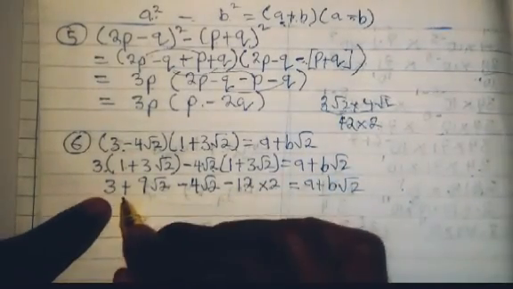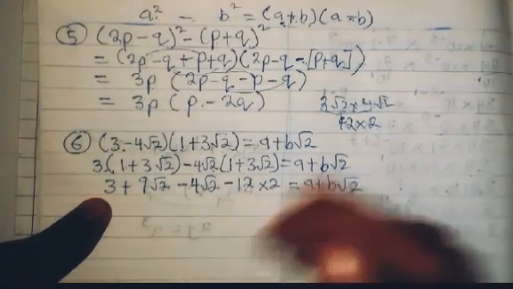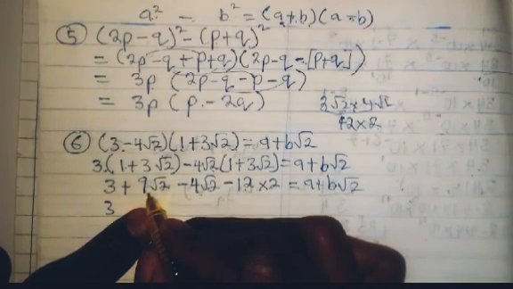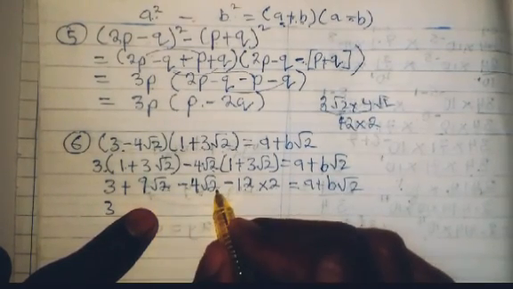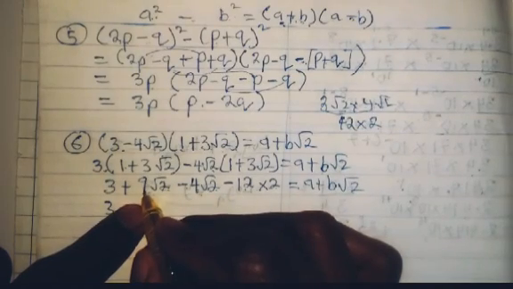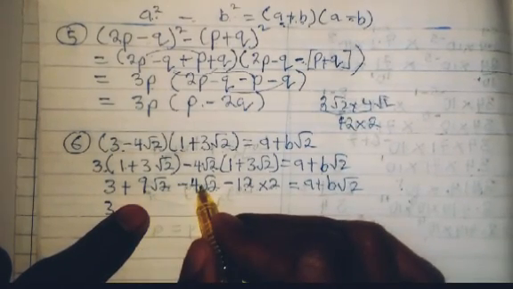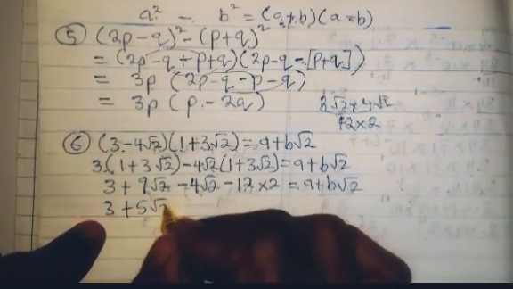Now we can look across this and see what we can do to the numbers. So here we have 3. Then look at this, plus 9 root 2 minus 4 root 2. What we have to do here is to subtract the 9 and 4. So 9 minus 4 will give us plus 5 root 2.